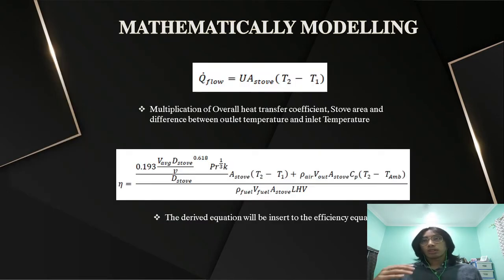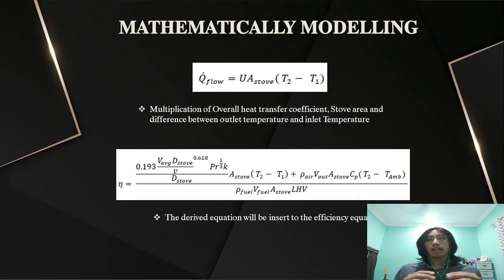As we know, heat transfer occurs from the inlet to the outlet of the stove. So Q flow is the multiplication of the overall heat transfer coefficient, stove area, and the difference between outlet temperature and inlet temperature.